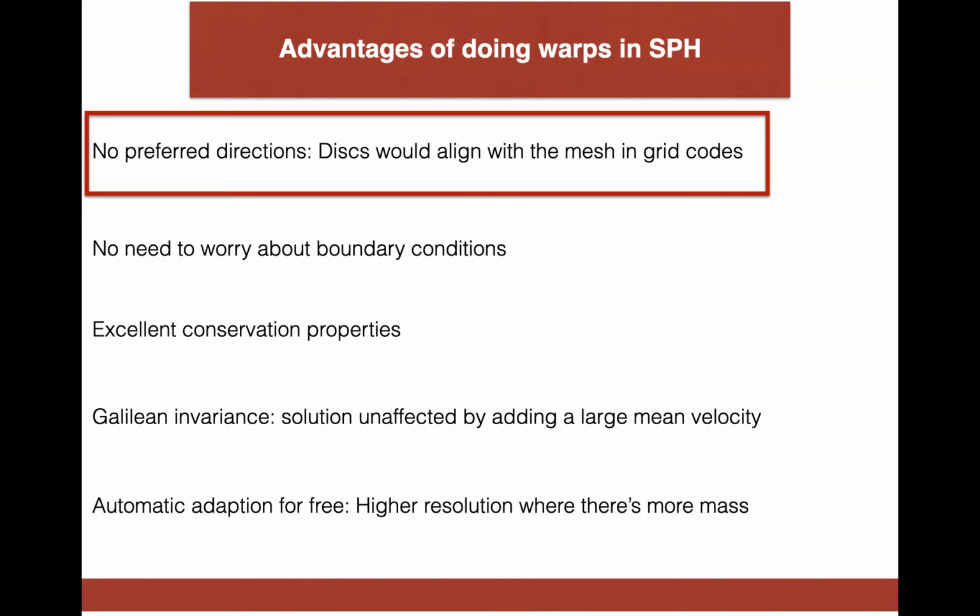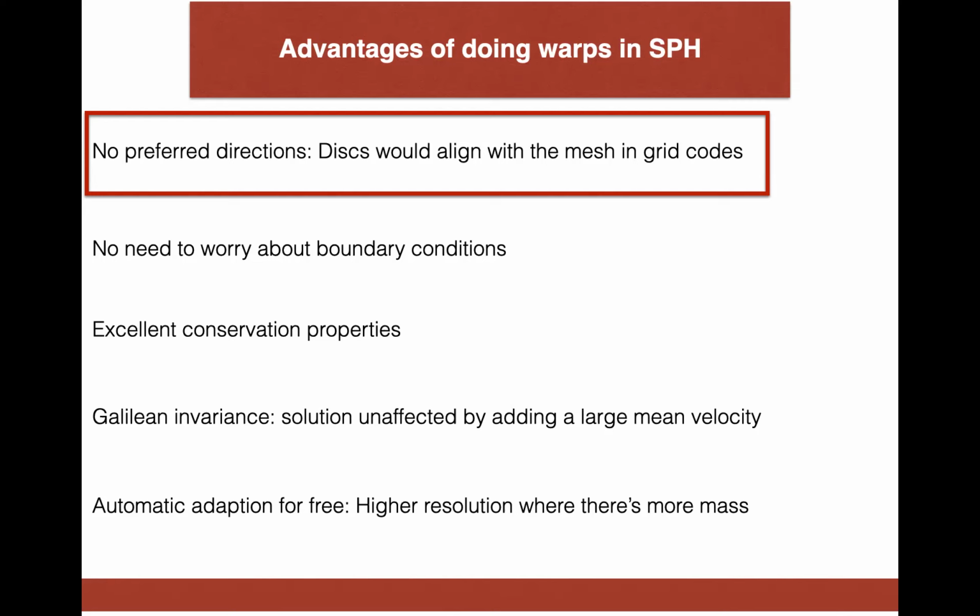Right. So I did my PhD in Leicester many years ago, and Leicester is one of those universities where pretty much everyone does SPH. And whenever the topic of SPH versus grid codes is brought up, you always hear some of these arguments, and they're all very well motivated.